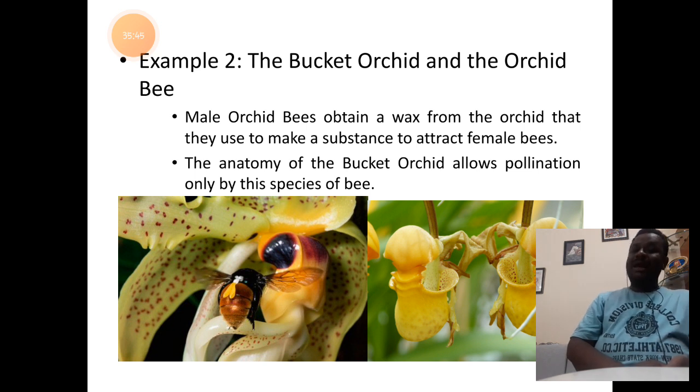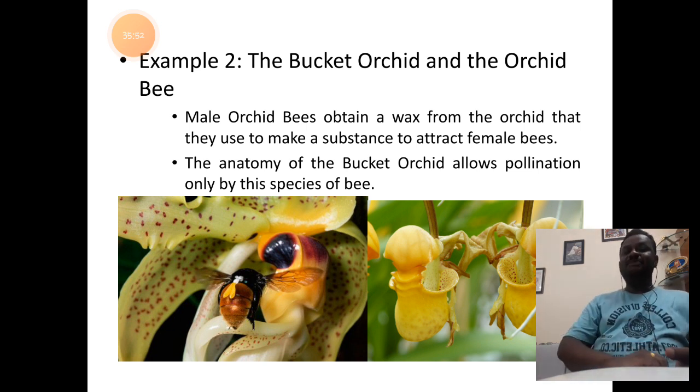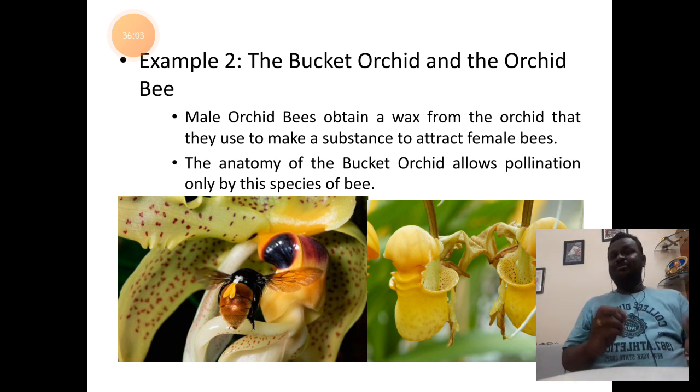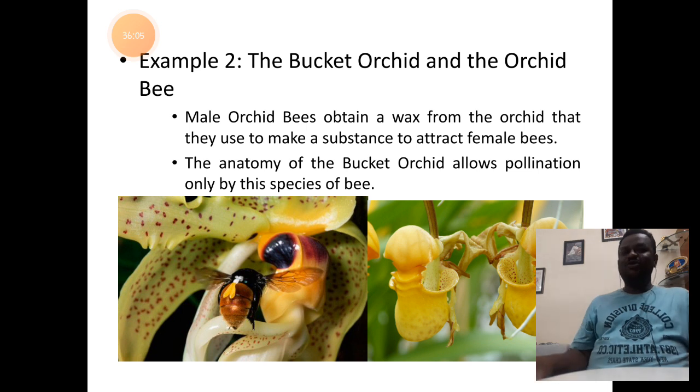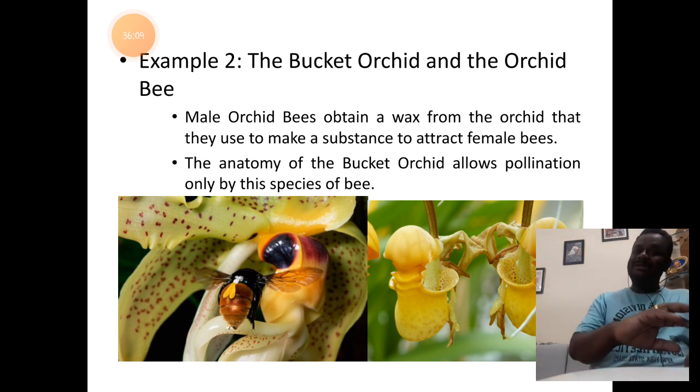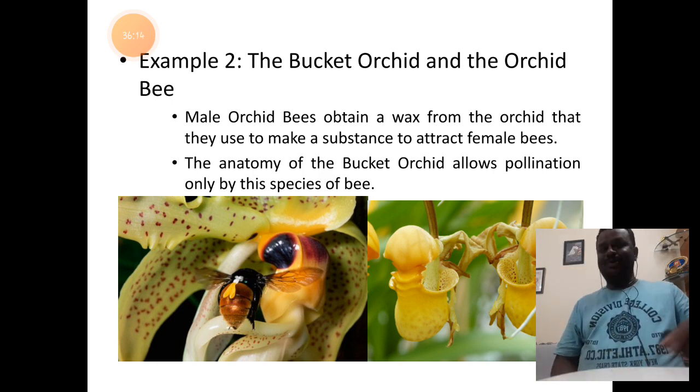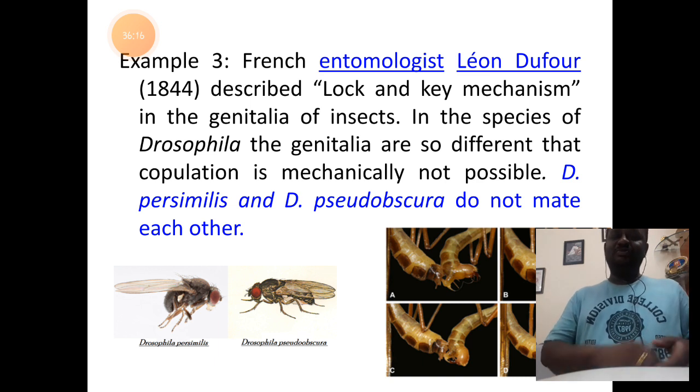Here, the anatomy of the bucket orchid allows pollination only by this species of orchid bee. No other bees can visit there. If other bees attempt the pollination process, the bucket orchids will never allow it. So pollination in bucket orchids is brought about by orchid bees alone. So it's species specific.